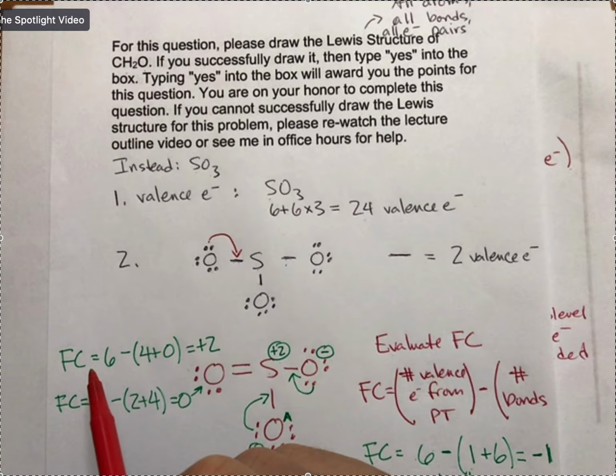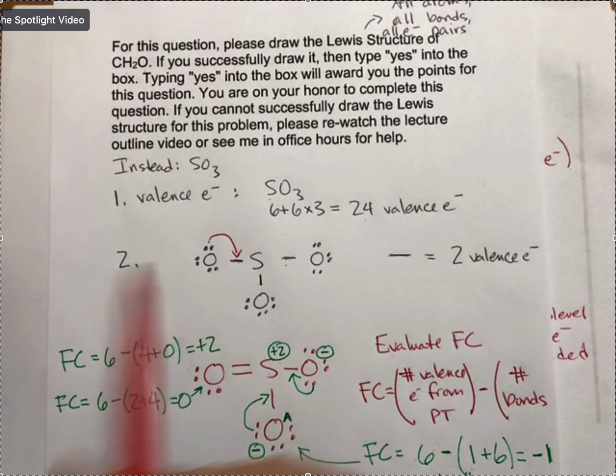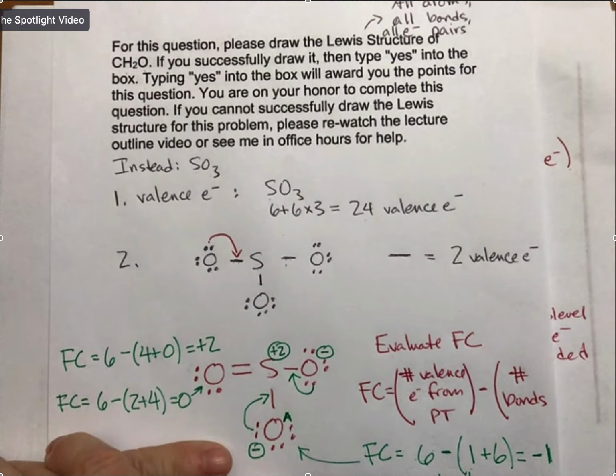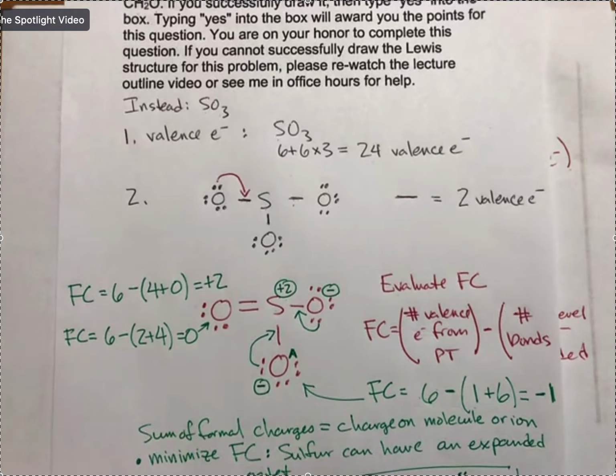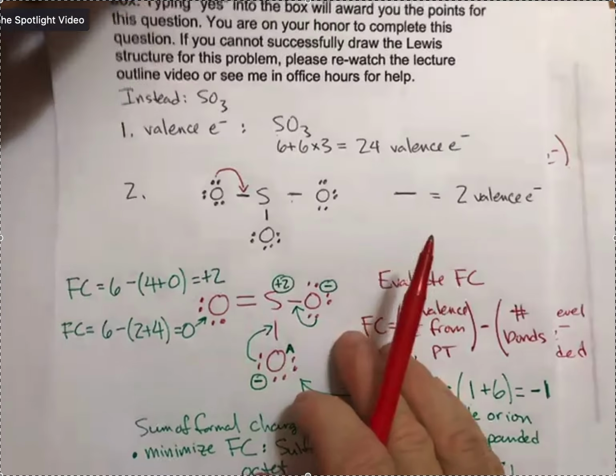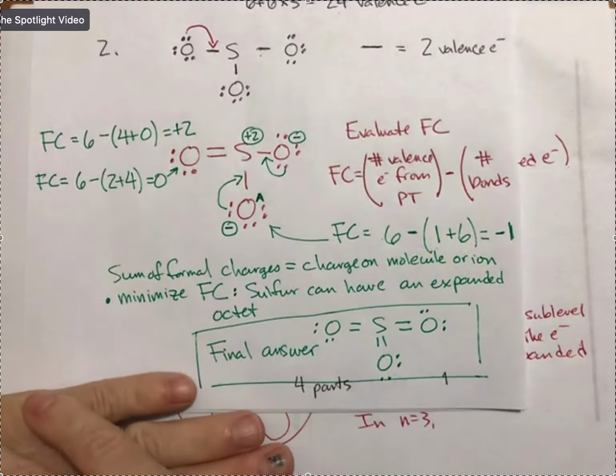I see. Yeah. But Professor, looking at it, you can tell that sulfur is +2, and you have 2 oxygens which are -1 each. You can see that the charges are going to cancel out. Do you have to draw it showing the formal charges? Okay.